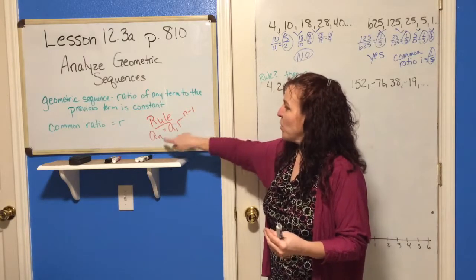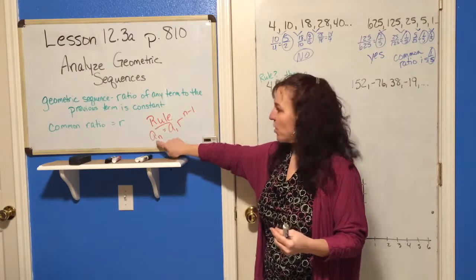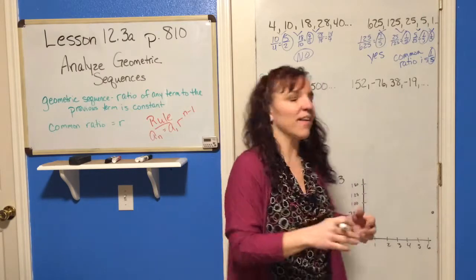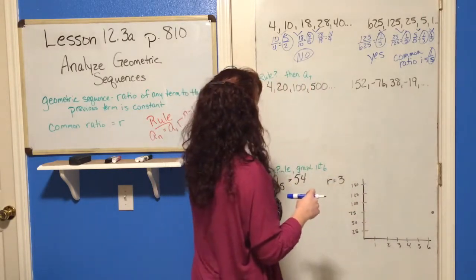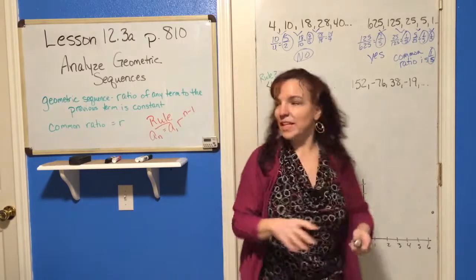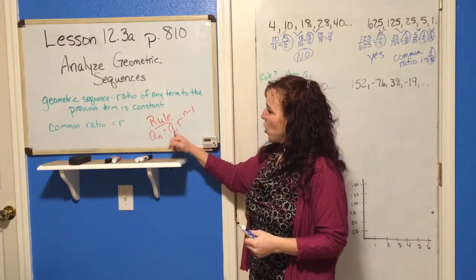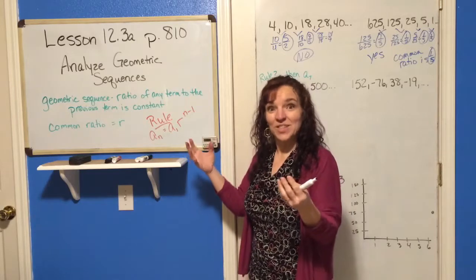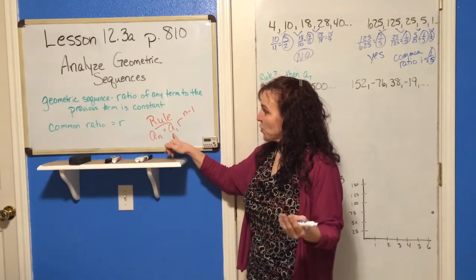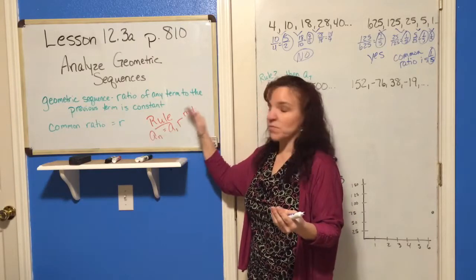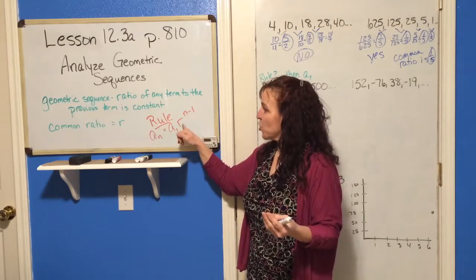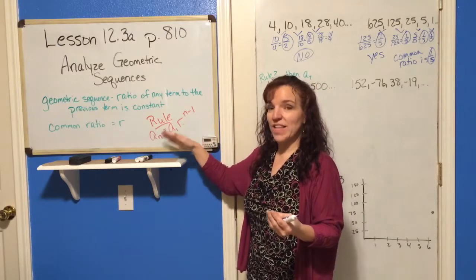And n, remember, is the number in the sequence. So in order to find the rule, you simply need to know two parts of these three. You need to know the first term and the common ratio. All right, and that's what we need.